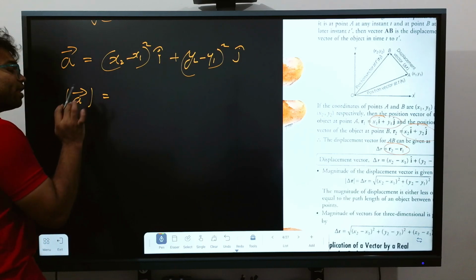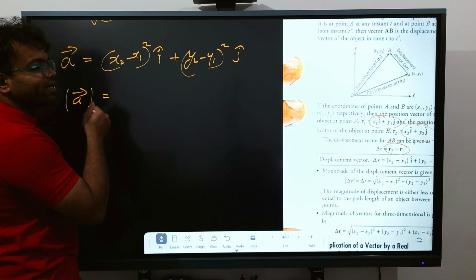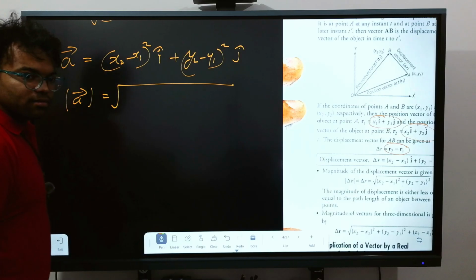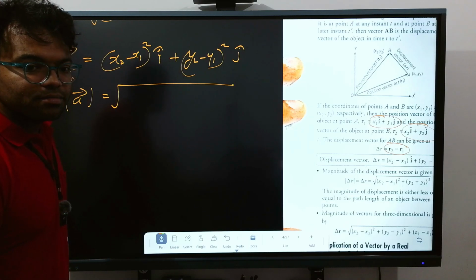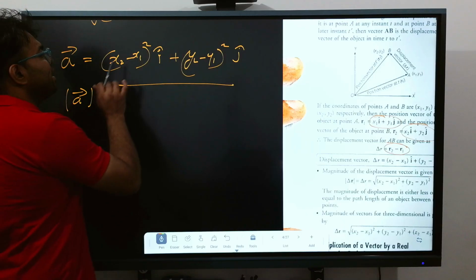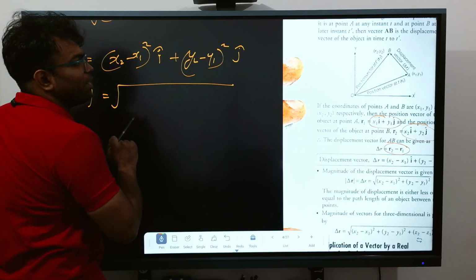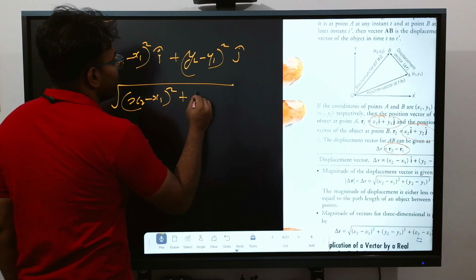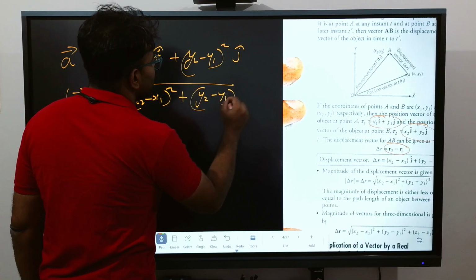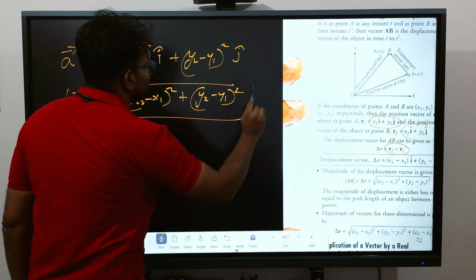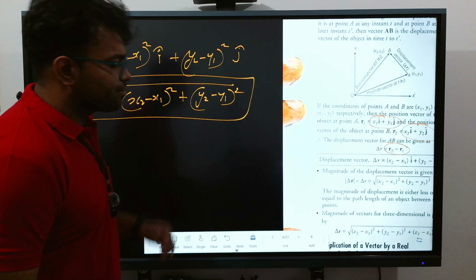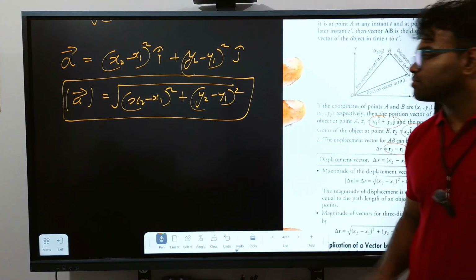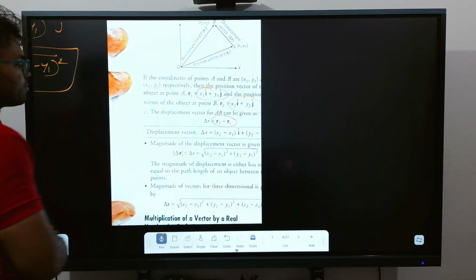Again Drupad, I'm reminding you, the magnitude has to be written inside modulus signs. Since there is an i cap value and a j cap value, this can also be written as the root of (x2 minus x1) the whole square plus (y2 minus y1) the whole square. This is what the modulus of a vector looks like. Is this clear? 100%? Okay, let's move on.